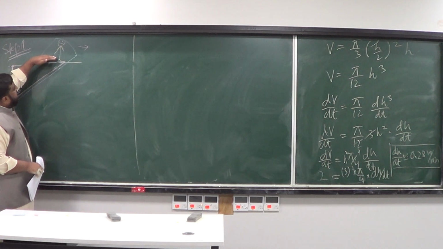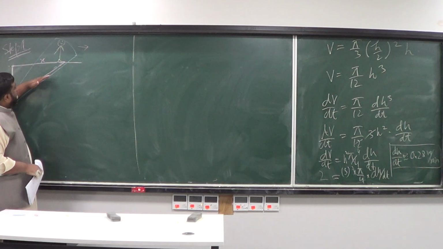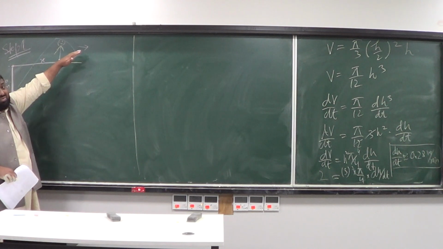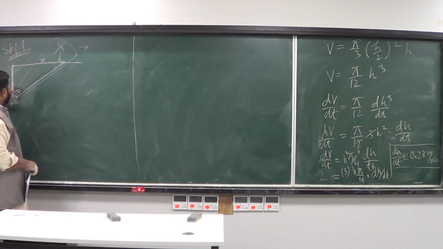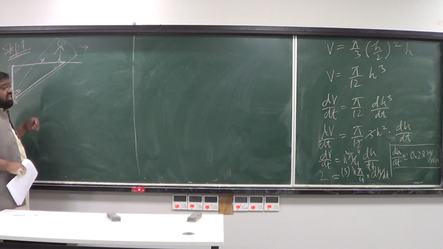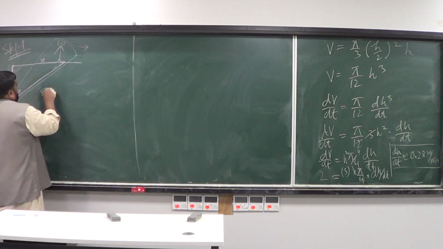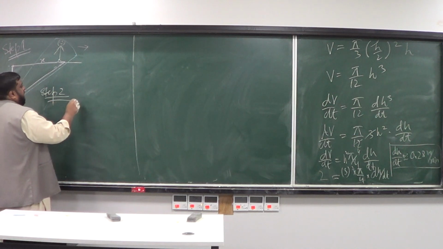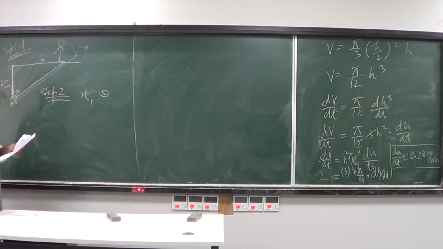As this person is moving away, x is increasing, and theta has also increased as this person moves. So the question is, what should be the relationship between x and the angle theta, by which you rotate your light source? So step 2, the quantities that we obtained are x, and we know the meaning of x, and theta.